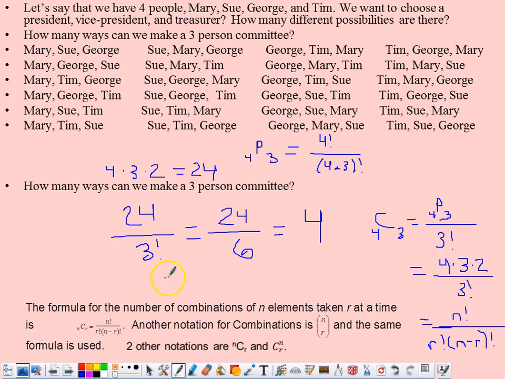So the most common one you see is the one I was doing here. You'll also notice it's written like this. It's written like this on your formula sheet. So if they write something like 5, 3, if we're not talking about vectors, which we will be talking about eventually, this does mean combination of 5 things taken 3 at a time.